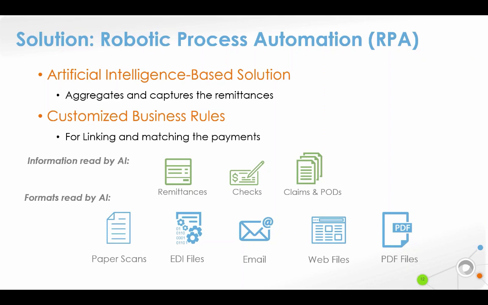AI especially is very powerful. It is able to read a ton of different kinds of information, including remittance or checks or claims and PODs, and it doesn't matter what format it is in. The artificial intelligence is able to read those documents, whether they're paper scans, whether the data is coming in as an EDI file or an email, or if it's on a web portal and it needs to be extracted, or if it's a PDF.